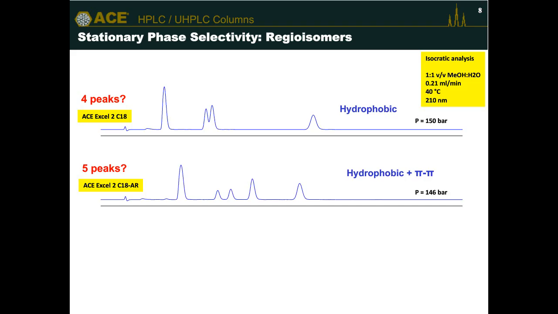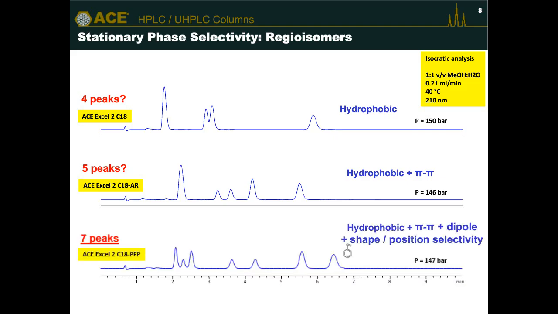So we introduce pi system interactions as well as hydrophobic interactions, and you can see we have a different selectivity, and we appear to have seen or found another compound. So there are now 5 peaks in this chromatogram. But finally, if we use the C18PFP with the additional mechanisms of the moderate dipole and also this shape and positional selectivity given by that stationary phase chemistry, we can see there's actually 7 components in that particular mixture.